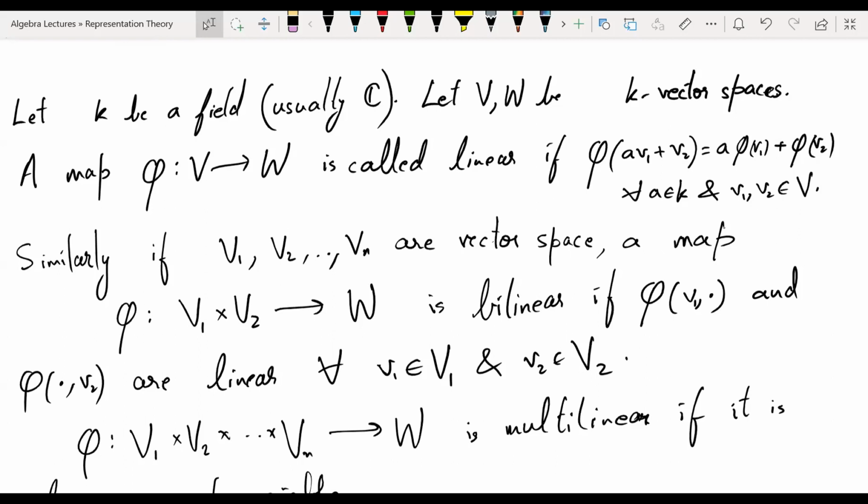Similarly, if you are given two vector spaces, you can get a bilinear map. A bilinear map means it should be linear in both variables. If you fix a vector in V1 and think of this function phi(V1, dot), where dot is the running variable, it's a map from V2 to W. Then it should be linear, so it should satisfy this property.